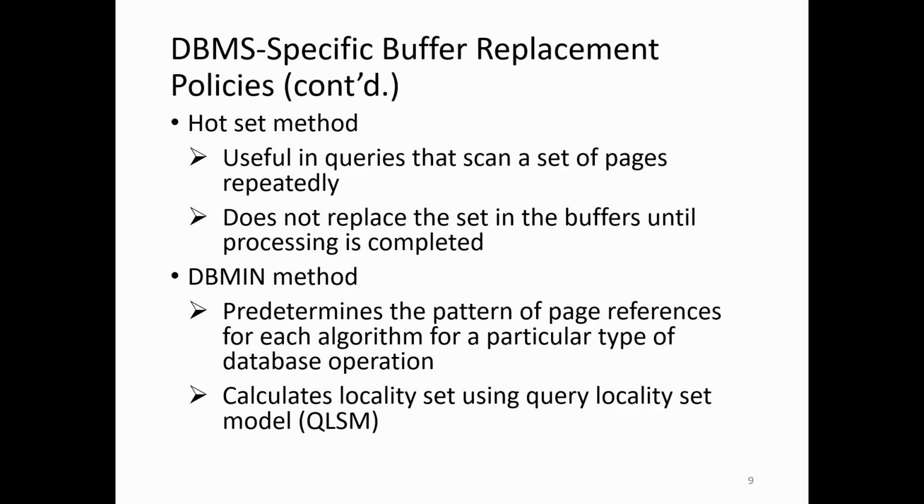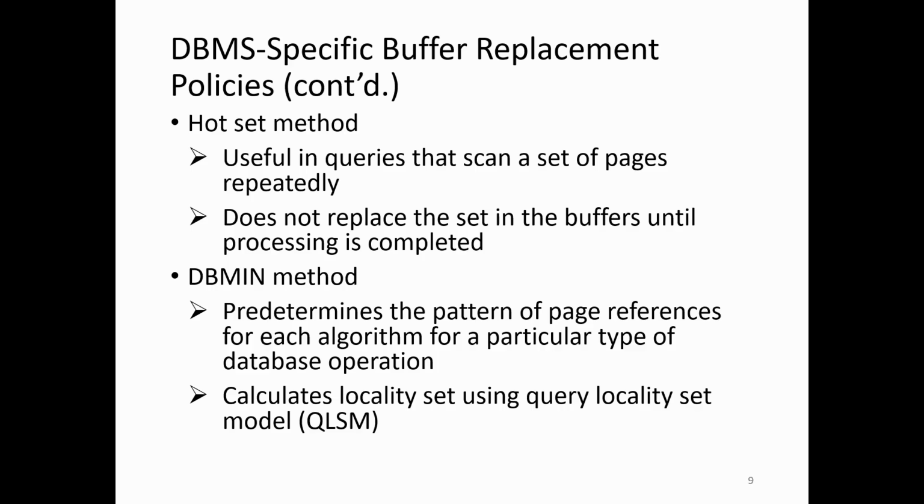The second method is the hot set method, the second buffer replacement method. This method is useful in queries that scan a set of pages repeatedly. For example, if we use nested join queries or looping queries, we are scanning the same set of pages repeatedly.